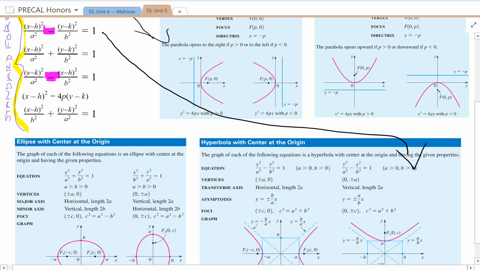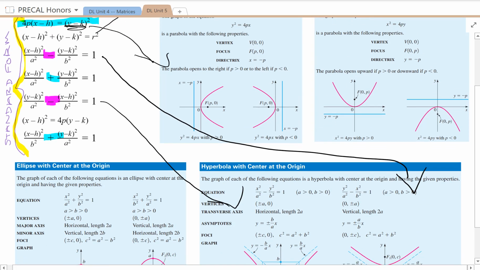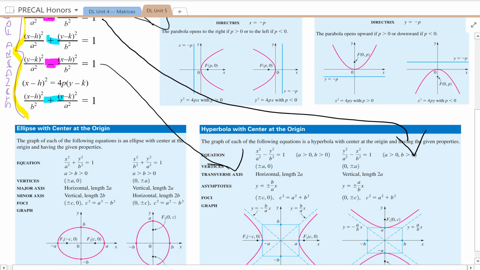And the one that has y first, y over a squared, that one opens left and right. When you have a plus sign, you have an ellipse. This ellipse, the a squared is under the x, so this one has a horizontal axis.